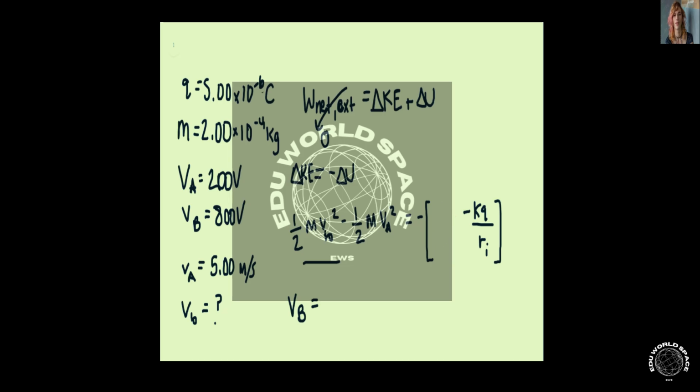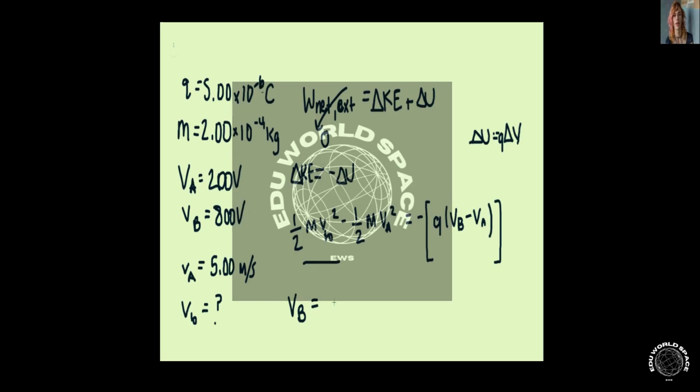Generally, the change in U is Q change in V, which is V final minus V initial. The final state is B, so it's going to be Q times V at B minus V at A. Great.